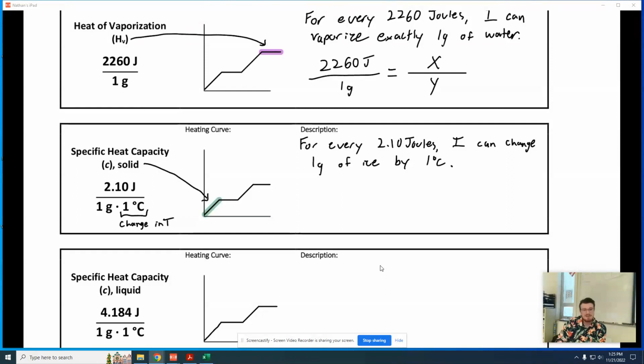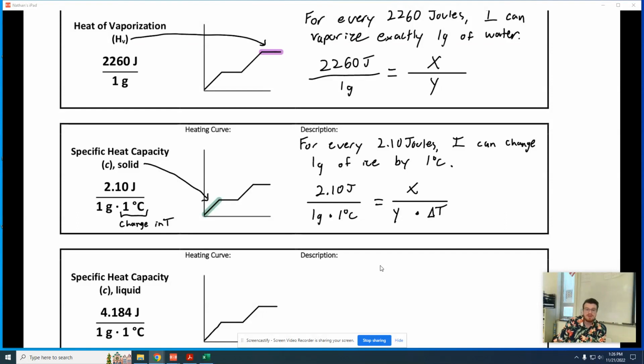When we set up and solve equations using specific heat capacities, it's very important to remember that the only temperatures that go into our proportions are changes in temperature, not the starting or the final temperature. So if I wanted to set one up, I could say it takes 2.10 joules of energy to change 1 gram of ice by exactly 1 degree Celsius, and I could set that equal to, again, an amount of heat that we know, the mass, or the change in temperature.